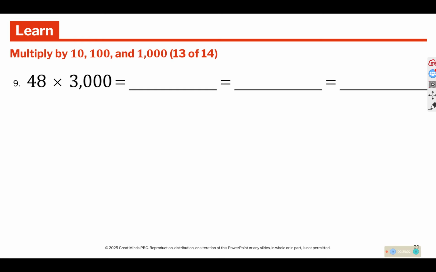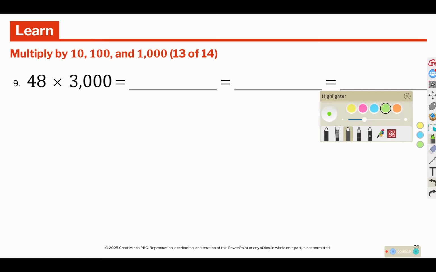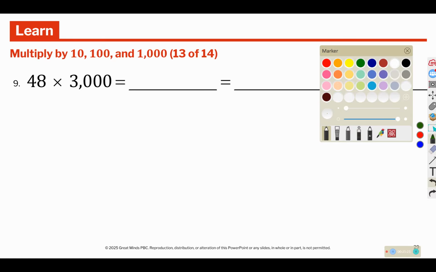How would we solve this one after doing problem 7 and problem 8? 3,000 is just one extra shift from 300.